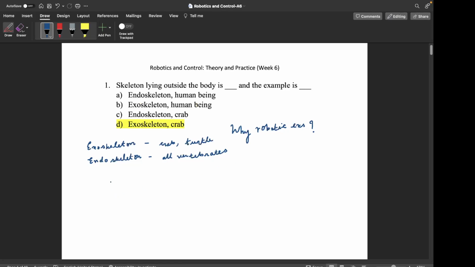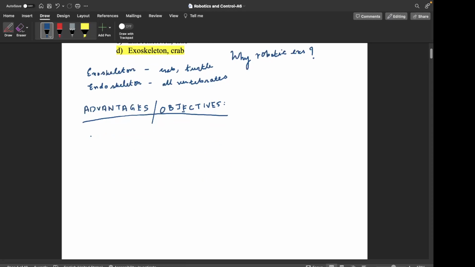The advantages, or you can also say objectives that we have while designing such exoskeletons. So first would be enhancement of strength.